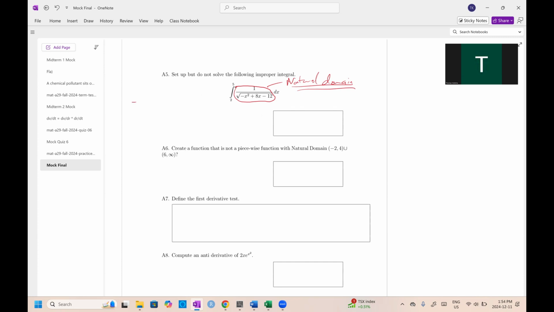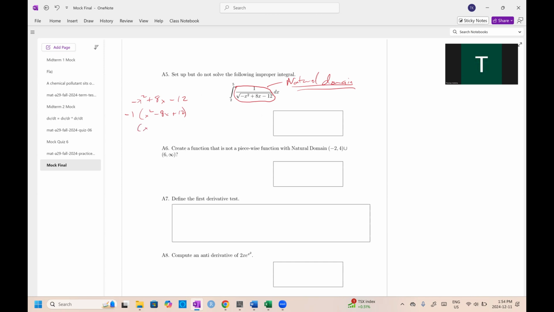So minus x squared plus 8x minus 12. I'm going to do minus 1 times x squared minus 8x plus 12. There, I'm going to multiply to 12, add to negative 8.